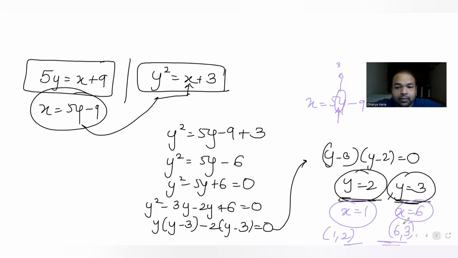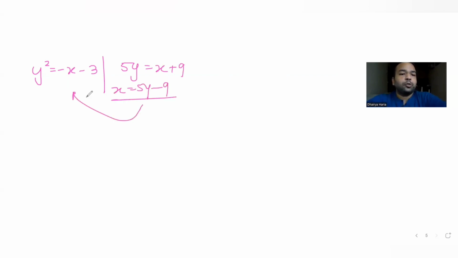Let's see that. So now if I find that point, you understand one curve is y square equal to minus x minus 3. The other is your equation of line 5y equal to x plus 9. So again, you get x as 5y minus 9. If you substitute this here, you get y square is equal to minus of (5y minus 9) minus 3.